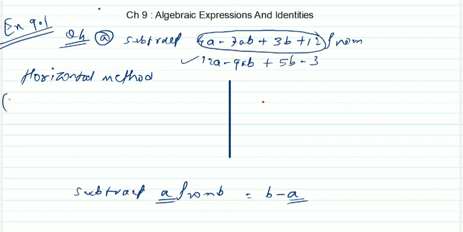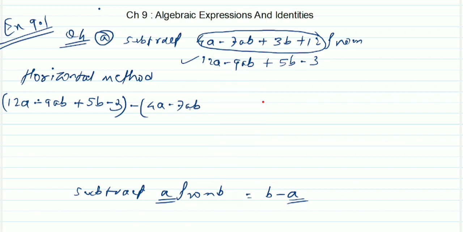So the first number has to be 12a minus 9ab plus 5b minus 3, and from this we have to subtract 4a minus 7ab plus 3b plus 12.